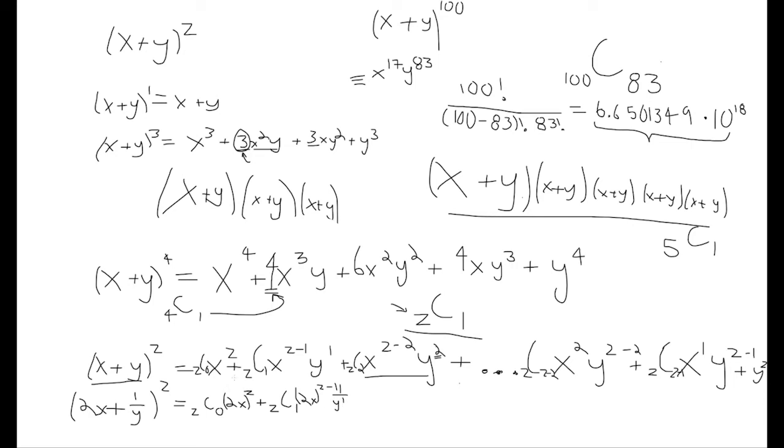So you can see instead of x's and y's, we're just plugging in 2x and 1 over y. And then that would go on the same way the other formula does. So it can be applied to other binomials to some power as well.